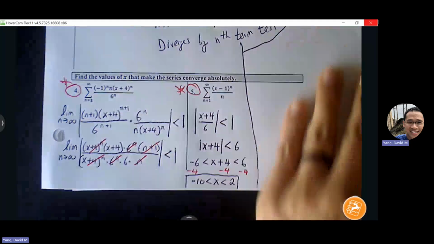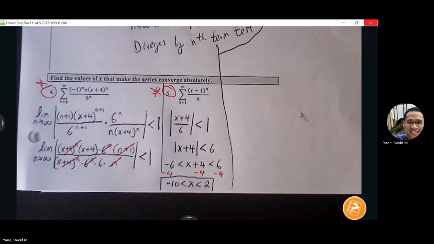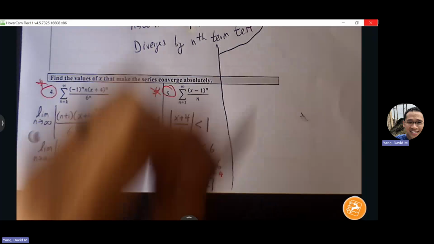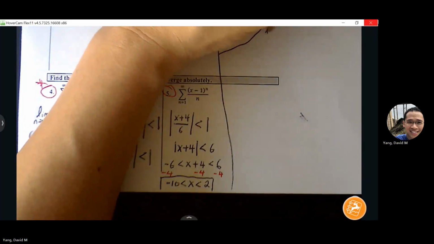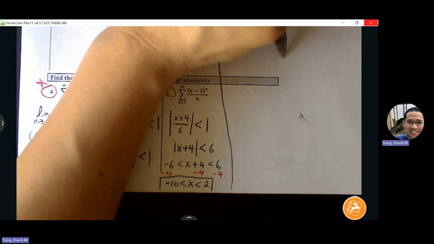I'm going to use all the space for number 5 here. Okay. So again, I'm going to go through a ratio test for number 5. Every n I see is replaced with n plus 1.